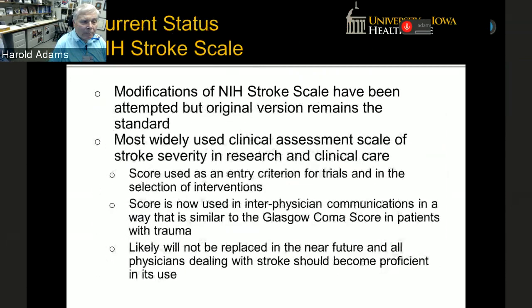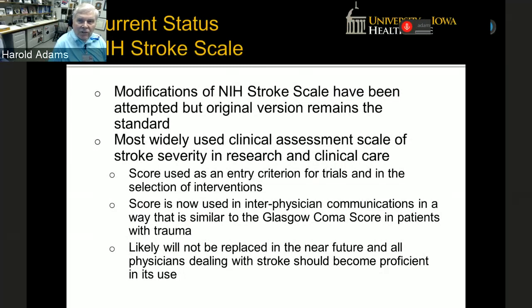Next slide. So where are we with the NIH Stroke Scale? There have been multiple attempts to come up with ways to modify the NIH Stroke Scale, but the original version remains the standard. It is now the most widely used clinical research assessment scale of stroke severity in the world. It's used both in research and clinical care.